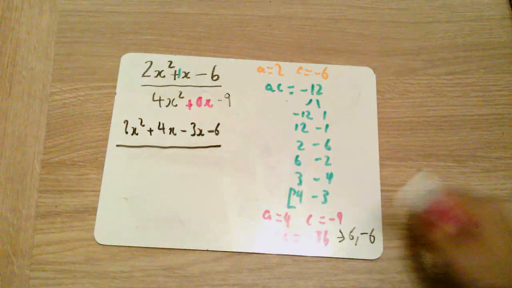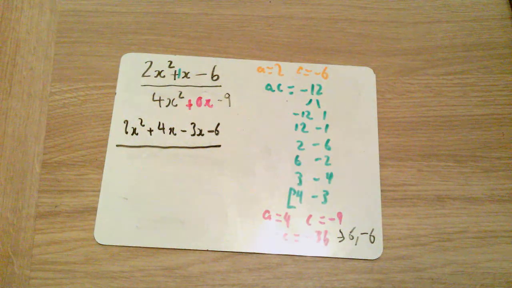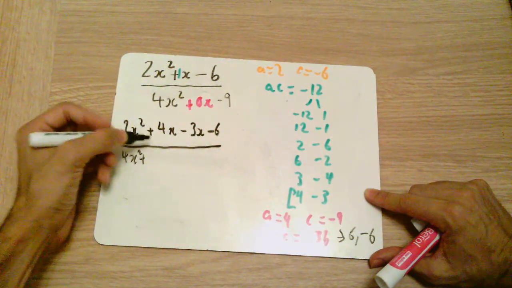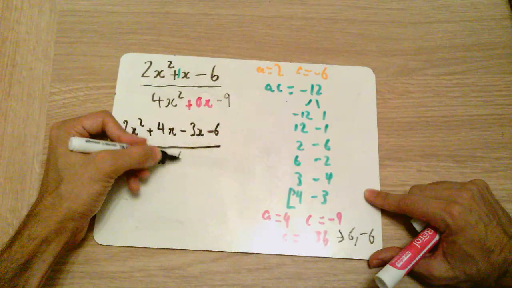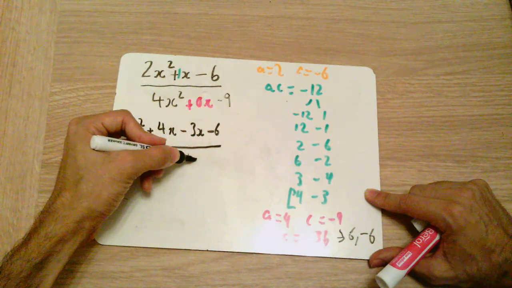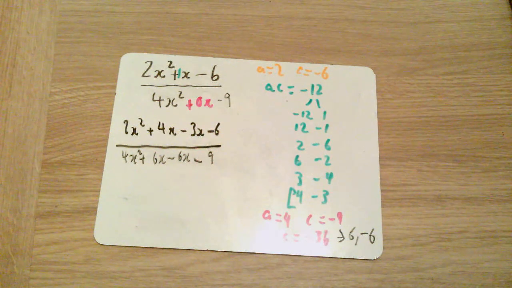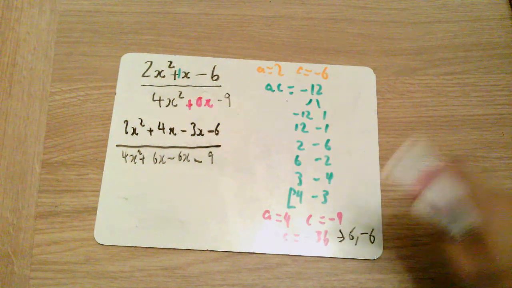So when we factorize out the bottom, we're going to have 4x squared plus 6x minus 6x minus 9. We're just going to factorize all of these in pairs to make it clear for us.